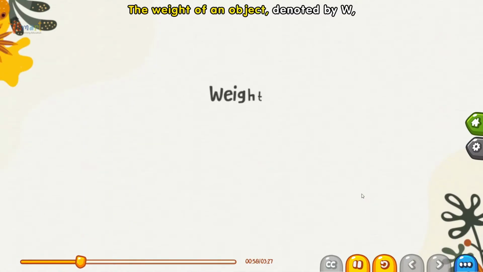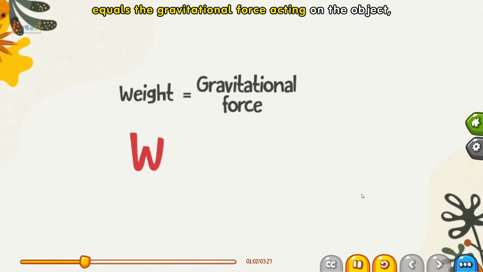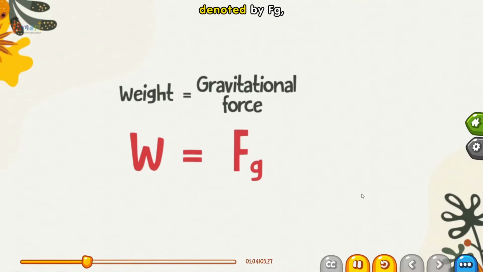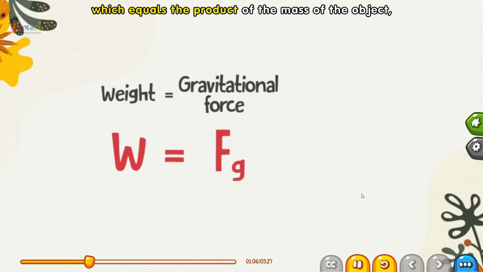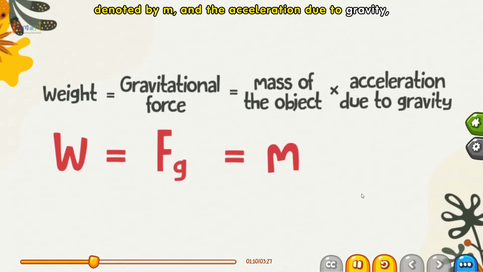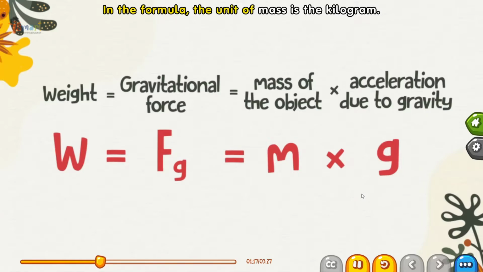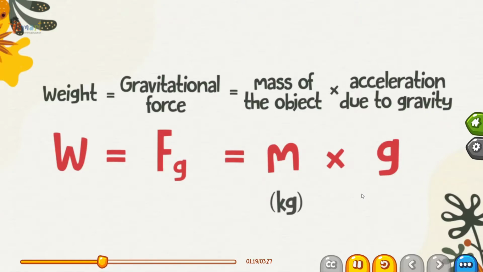The weight of an object, denoted by W, equals the gravitational force acting on the object, denoted by Fg, which equals the product of the mass of the object, denoted by m, and the acceleration due to gravity, denoted by g. In the formula, the unit of mass is the kilogram.